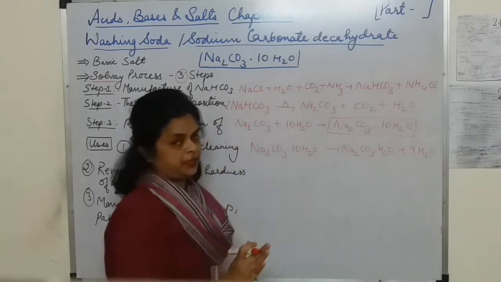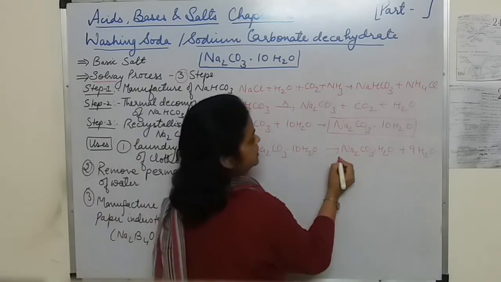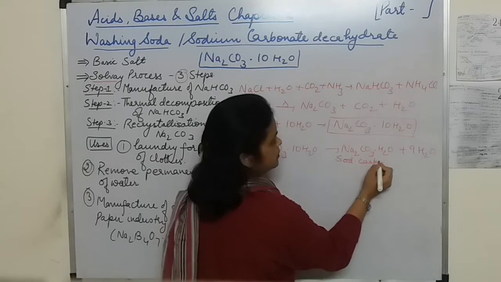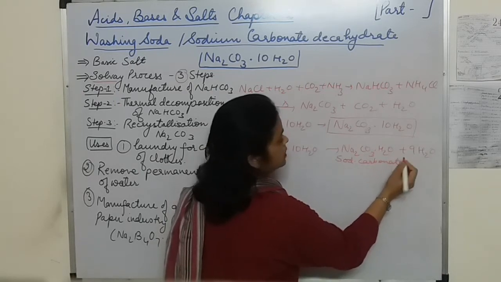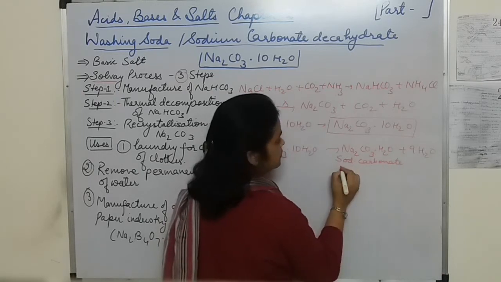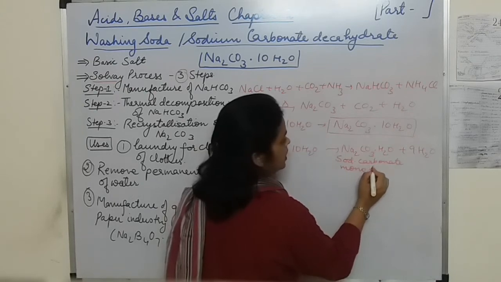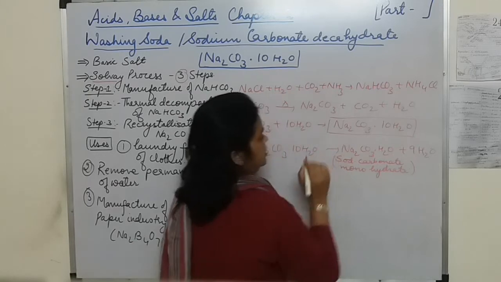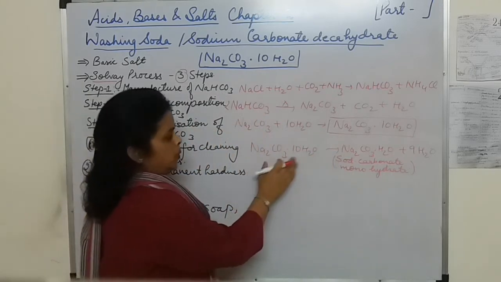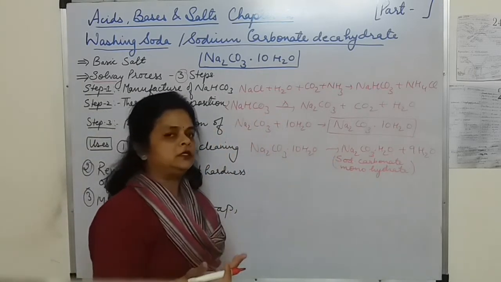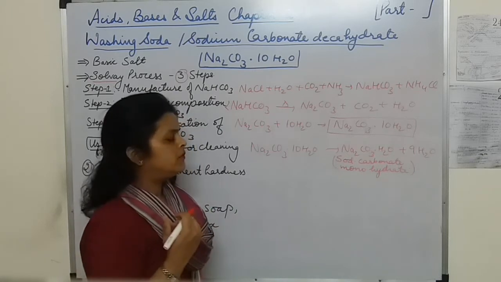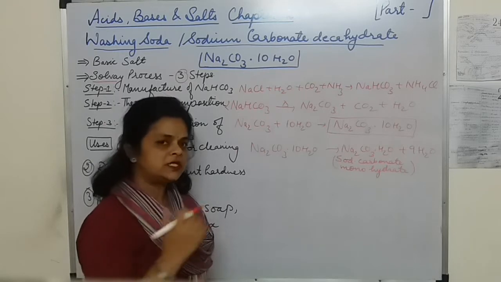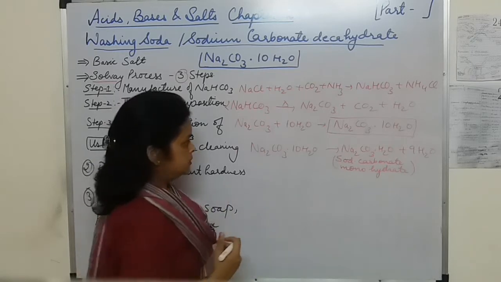The name of the compound is sodium carbonate, 1 water molecule is there, so we will write monohydrate. This process, when water molecules come out on their own when kept open at ordinary temperature, is called efflorescence, that we will discuss in the next section.